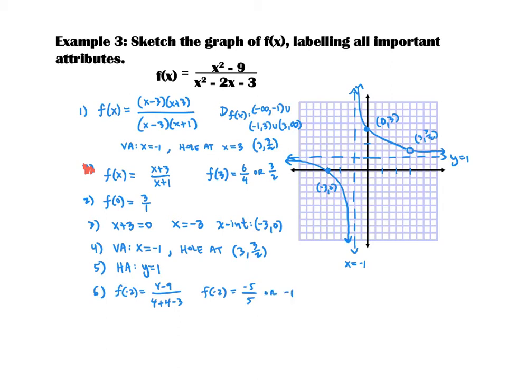That worked out nicely. So the point is (-2, -1). All right, that's a sketch of f of x. On the last slide, I'm going to go over the bonus information on slant asymptotes. So stay tuned if you're interested.